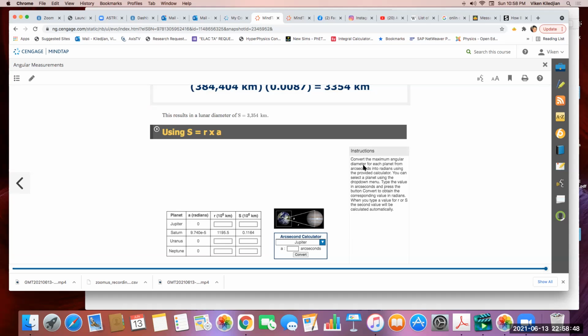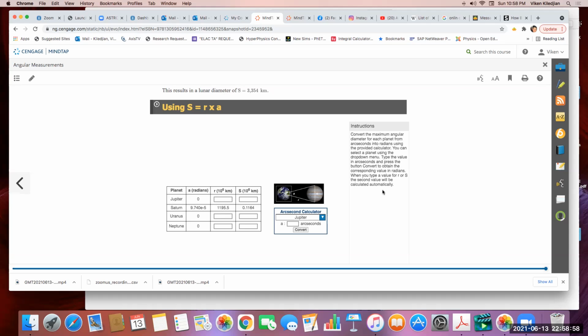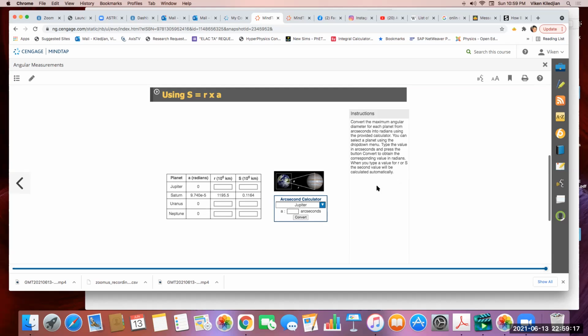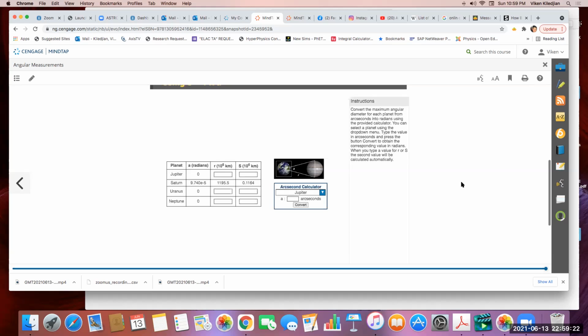Convert the maximum angular diameter for each planet from arc seconds into radians using the provided calculator. Oh, is that a calculator? You can select the planet using the drop-down menu. Type the value in arc seconds and then press the button convert to obtain the corresponding value in radians. When you type a value for R or S, the second value will be calculated automatically. Okay, so this is another one of the exercises here.